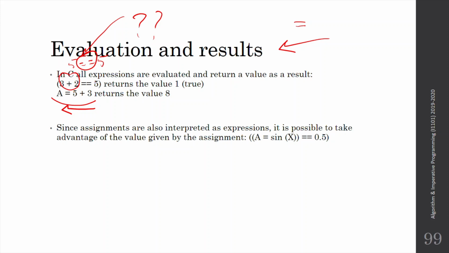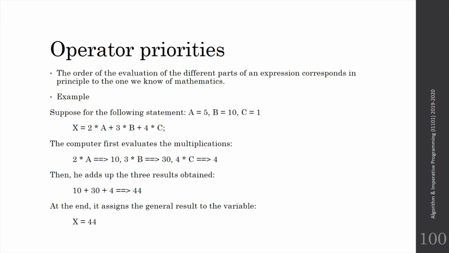Since assignments are also interpreted as expressions, we can take advantage of this. So we will put the sign of x in a, and then we will compare it with 0.5. This is just an idea of how we can transform an expression into an instruction.